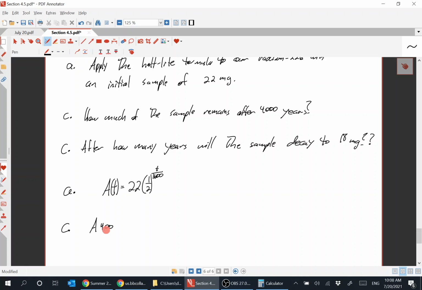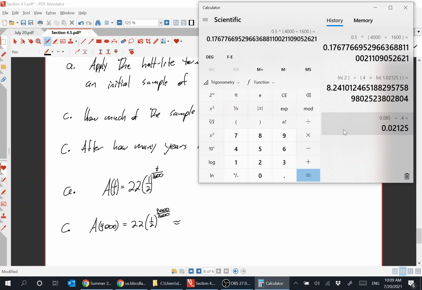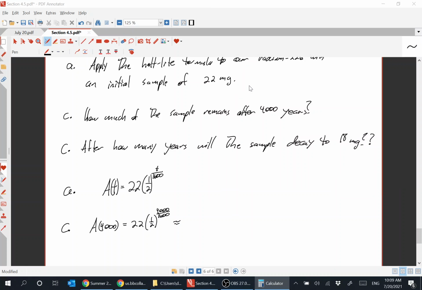The amount left is 22 times 1/2 to the 4,000 over 1,600. 0.5 to the exponent 4,000 divided by 1,600 is 0.17677, and multiplying that by 22 gives 3.889 milligrams.